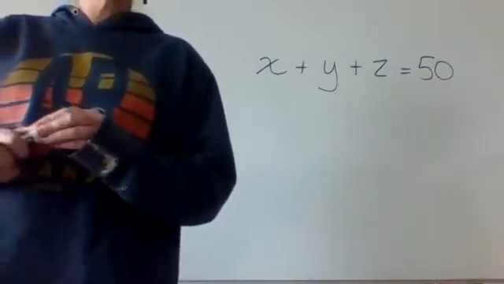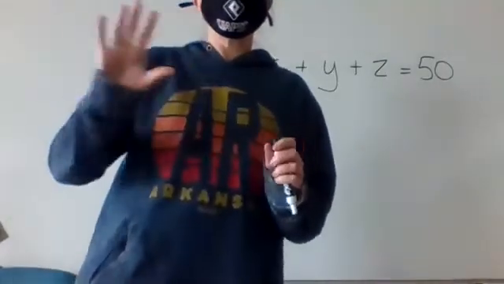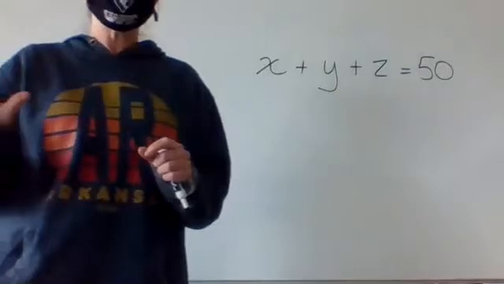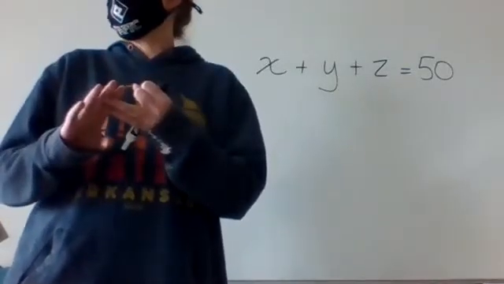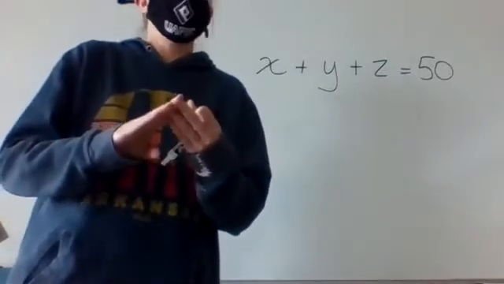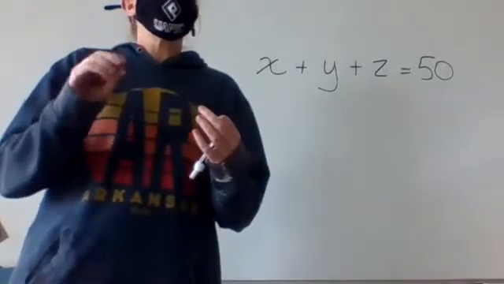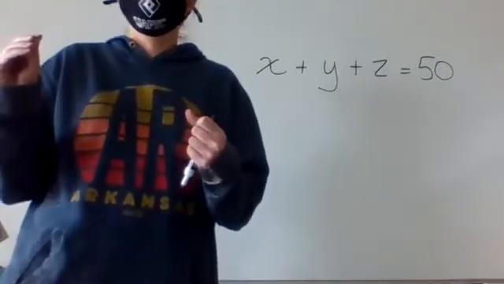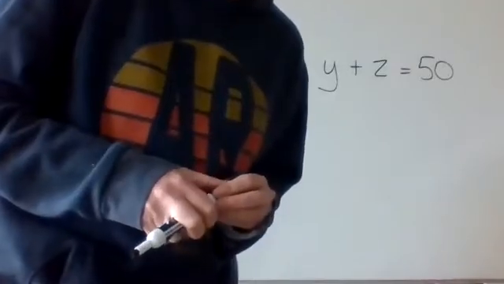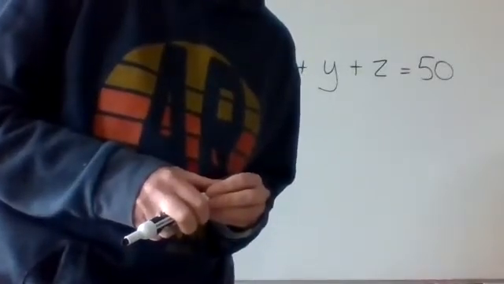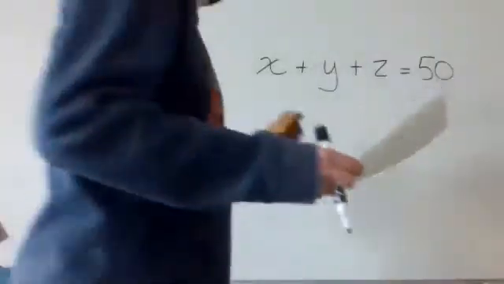Words that you're looking for in a sentence that tell you where your equal sign goes are words like is, or is equal to, or amounts to. All of those phrases mean equals. So the first number would just be written as x.